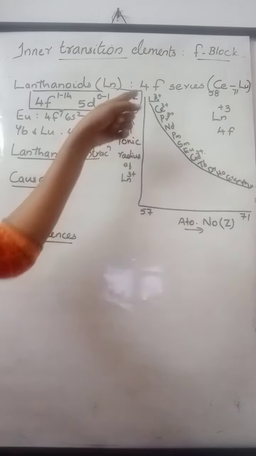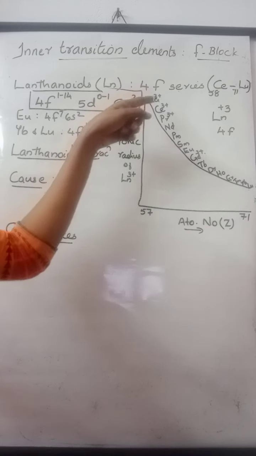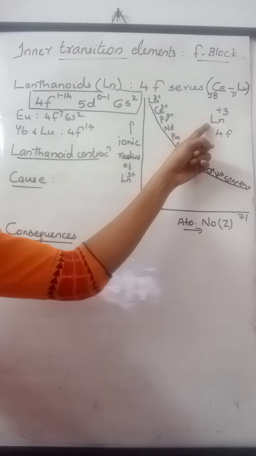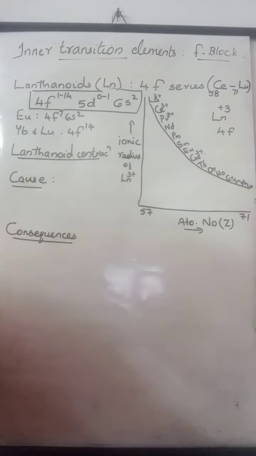That is 14 elements. Lanthanum is the 15th one, so 15 elements in total including lanthanum. The most common oxidation state is +3.